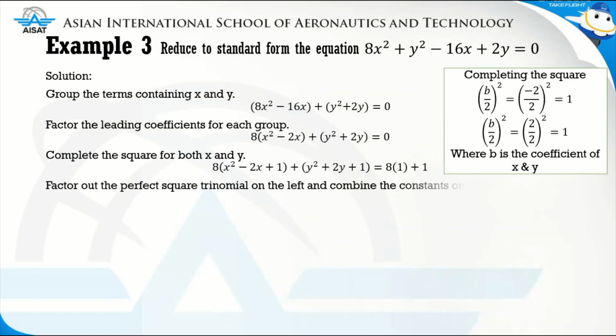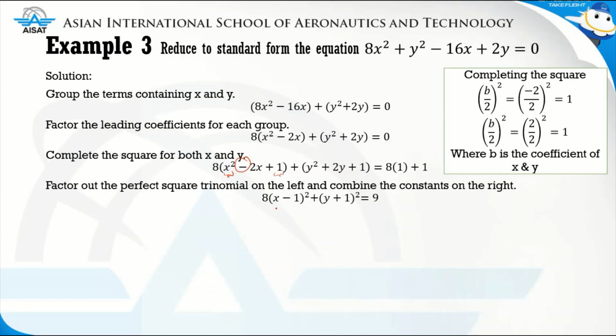And for the next step, you have to factor out the perfect square trinomial on the left and combine the constants on the right. So therefore, we'll get 8 times, here you have to get the square root of x squared, so that's x. Square root of 1 is 1 and copy the sign of the middle term, which is subtraction.